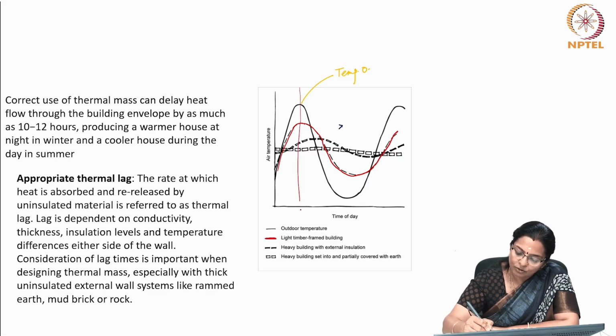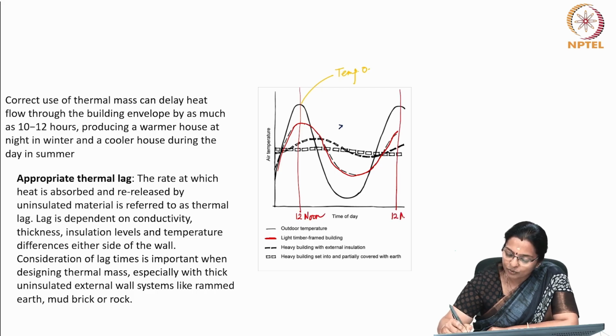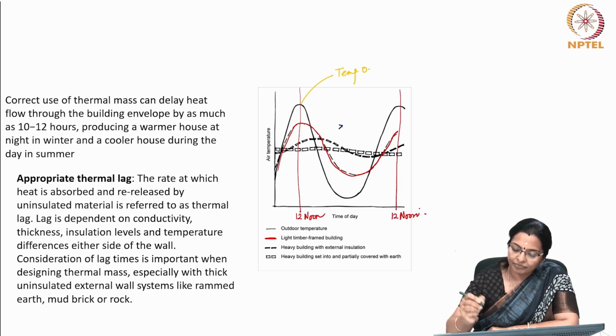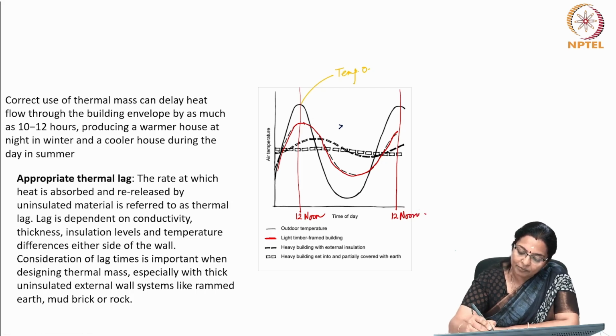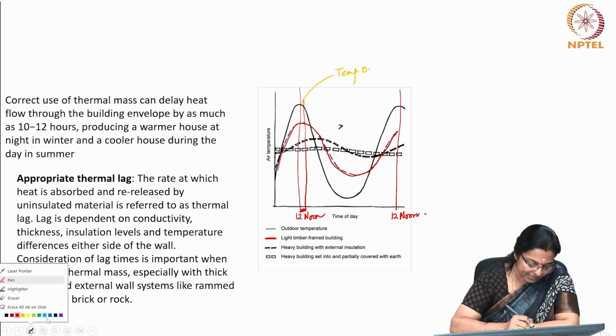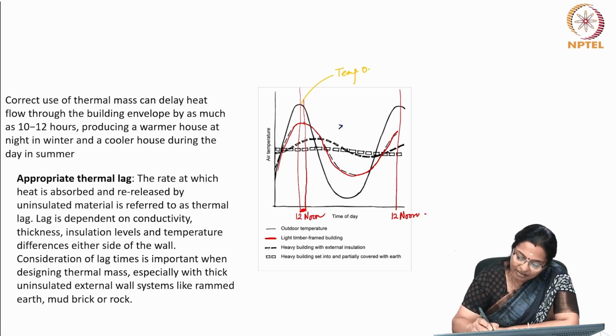I am, for the sake of convenience, assuming this as 12 noon, and the highest peak outside is happening at 12 noon. I am just considering that. You can see that the time lag of the light framed timber is minimal. Now, consider the heavy building with external insulation.